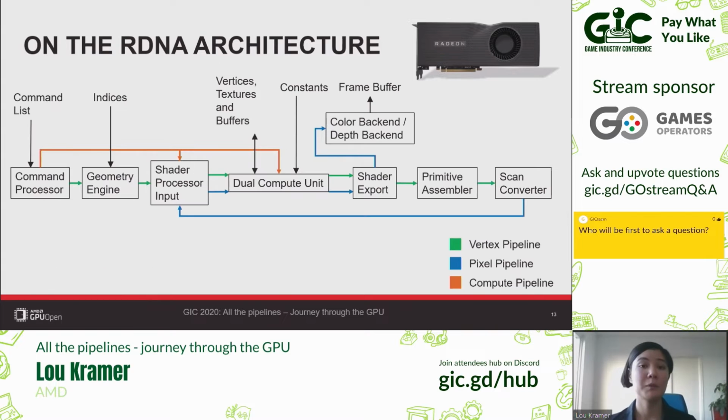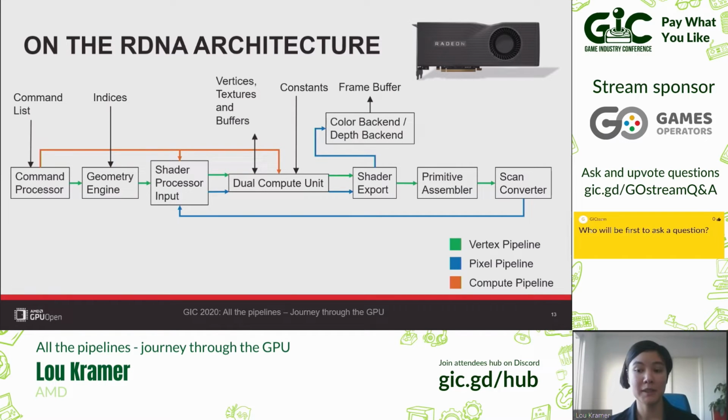And then when we go to the hardware side, the hardware also has a pipeline. Later I will map the logical pipelines to the pipelines you actually have in the hardware. Here you already see that I marked 3 different pipelines. One is the vertex pipeline, then the pixel pipeline, and the last one is the compute pipeline.